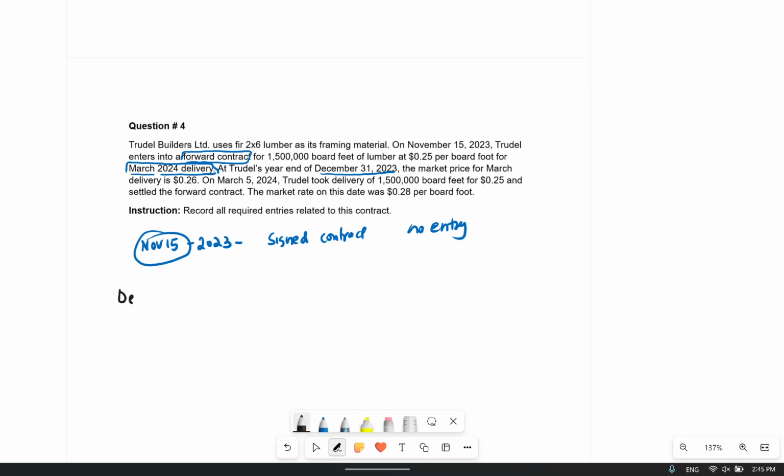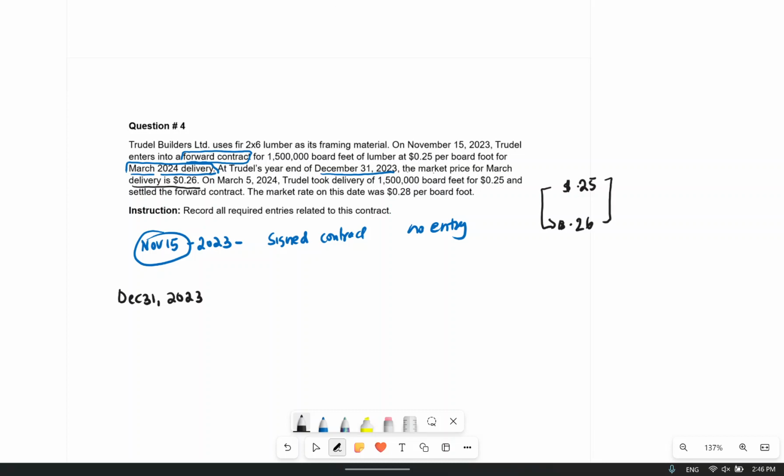What we have is December 31st, 2023, and we need to close our year end. The market price for March delivery is 26 cents. The price we signed the contract at is 25 cents. The price on December 31st is 0.26. And then how much lumber are we buying?